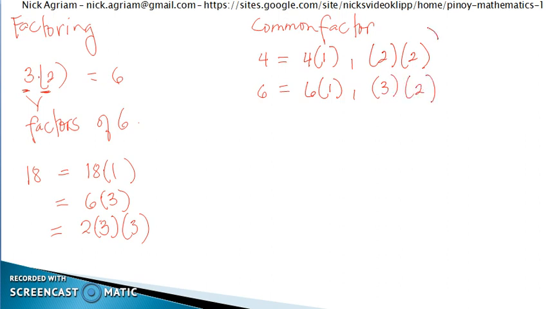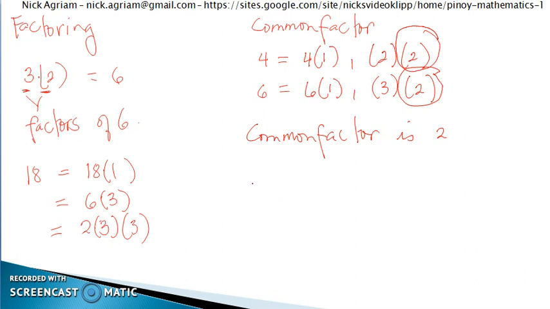As you can see, I can find 2 in 4 and I can find 2 also in 6. Then the common factor between 4 and 6 is 2.